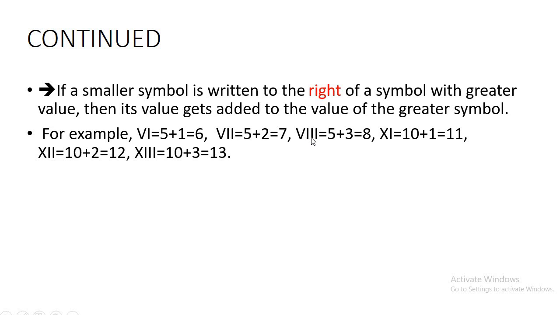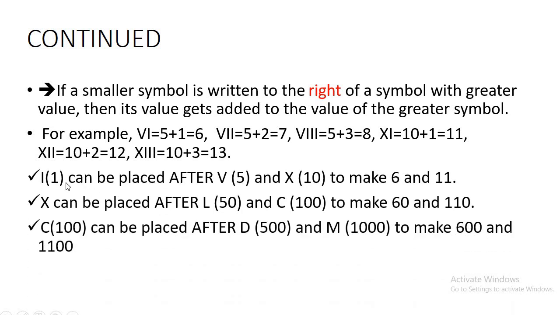Similarly, VIII represents 8, because 3 I's represent 3 and V represents 5. As 3 I's are present on the right hand side of V, their values are added. So XI represents 11, because X is 10, I is 1 and I is present on the right side of X. Similarly, XII represents 12 and XIII represents 13.